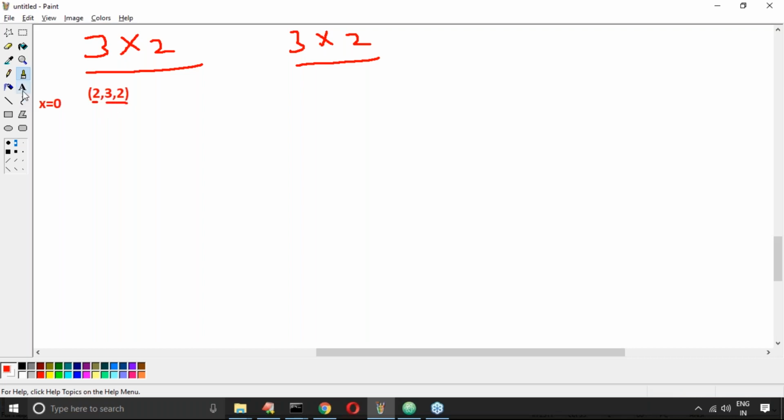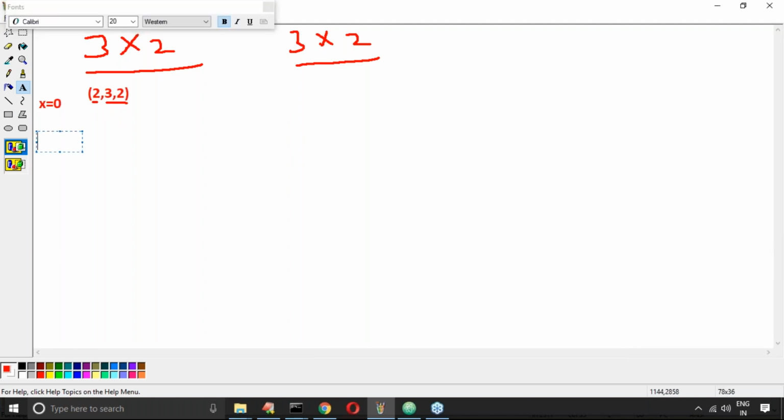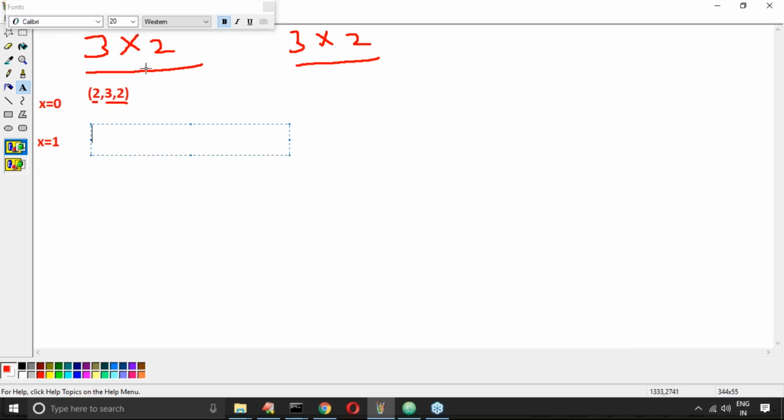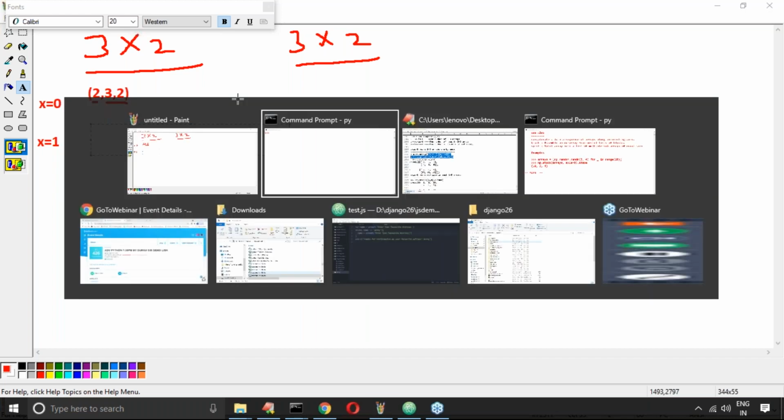Yes, correct. If I take axis equal to 1, what will happen in this case? Row wise, rows will increase. Maybe 3 by 2, 3 by 2. What is the shape we got?